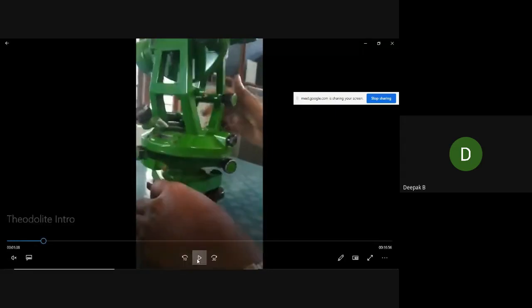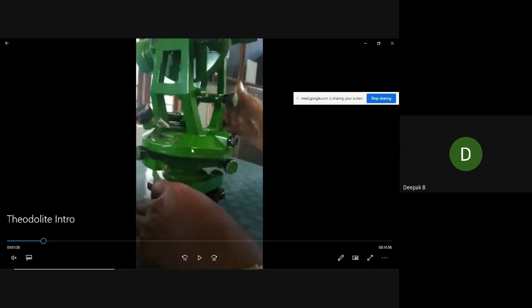And now something important is that there are 2 plates. The telescope in its entirety can rotate in the horizontal plane in 2 different ways. If you can see the mouse here, there is a plate here. This you will call the lower plate.